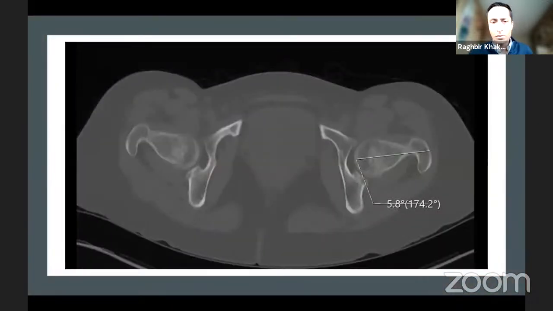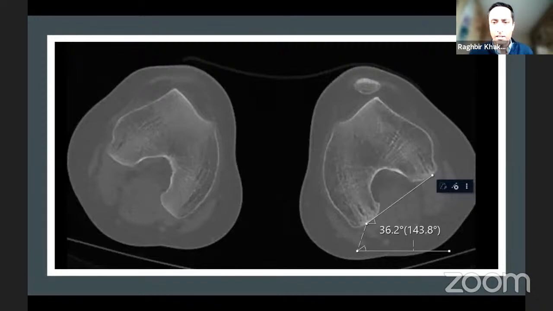I've got some cross-sectional imaging done, and you can see internally rotated at the femoral neck and massively internally rotated at the distal femur. Sadly, I don't have much cross-sectional imaging at the patella, but you can see the patella sitting very laterally in this case.